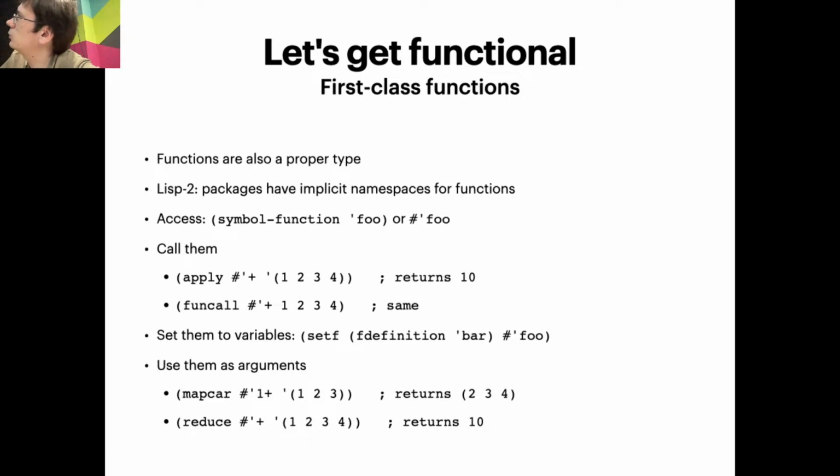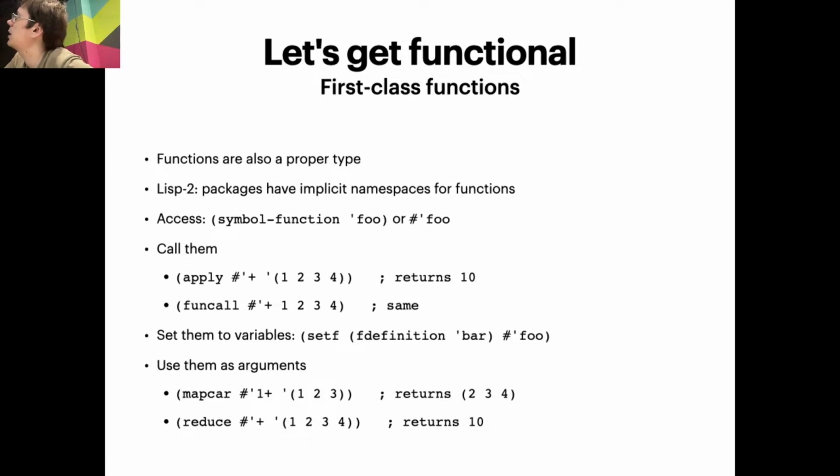But to access this namespace, we need to use the fdefinition form, which tells setf that we set a function rather than a variable, and then we can supply our function as a value. In this case, we define bar as foo basically, but we can specify functions otherwise. I will show that. So yeah, we can use functions as arguments for other functions.